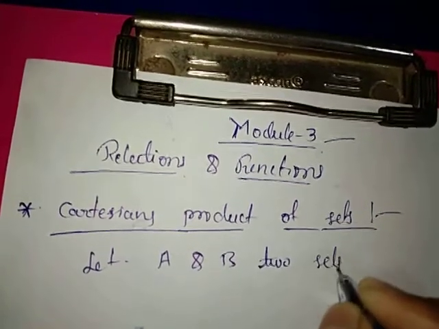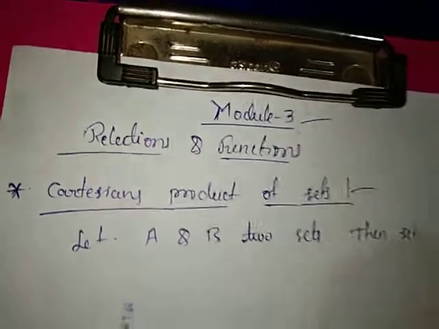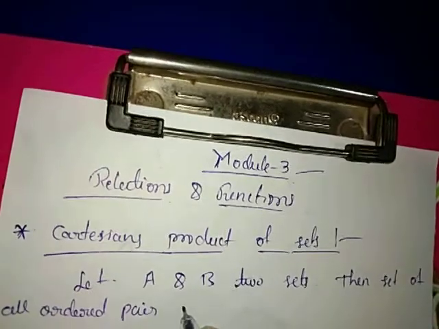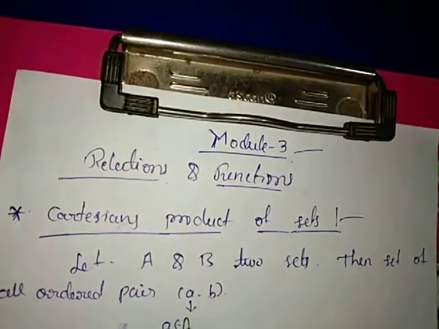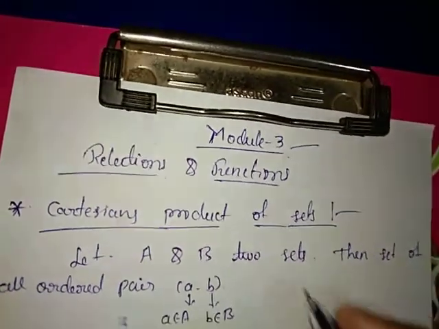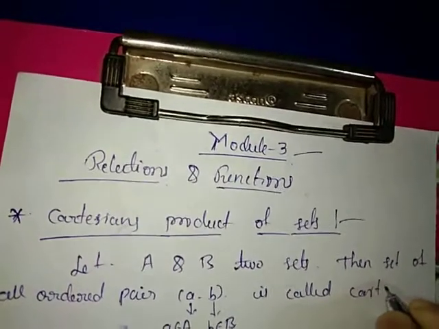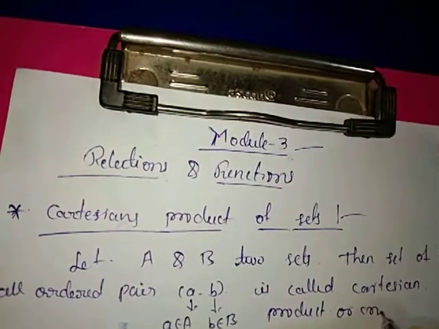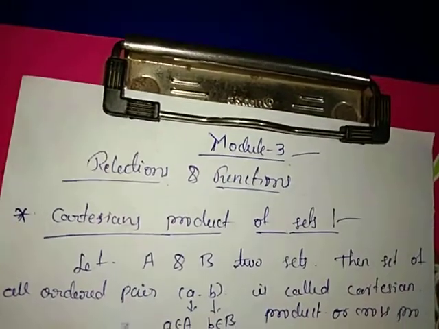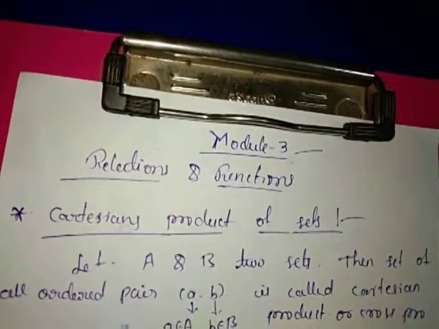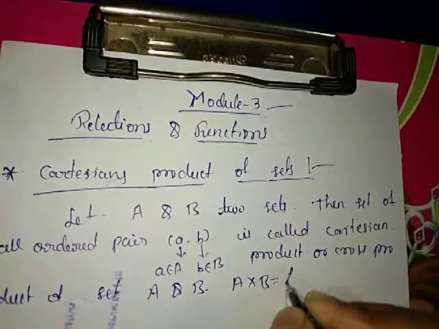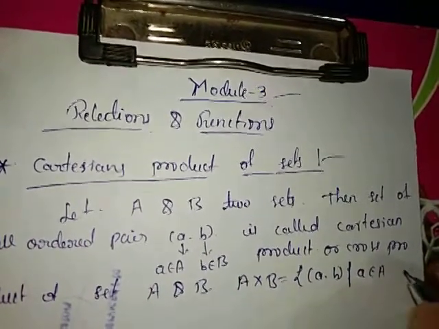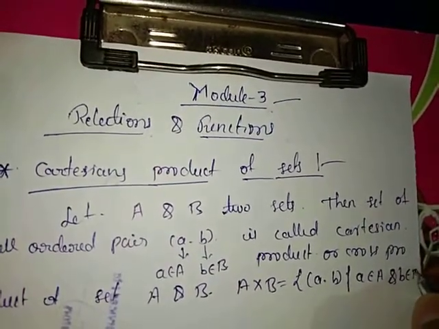Then the set of all ordered pairs (a, b), where the first element belongs to the set A and the second element belongs to the set B, is called a Cartesian product, or cross product, of the sets A and B. It is denoted by A cross B = {(a, b) : a belongs to A and b belongs to B}.